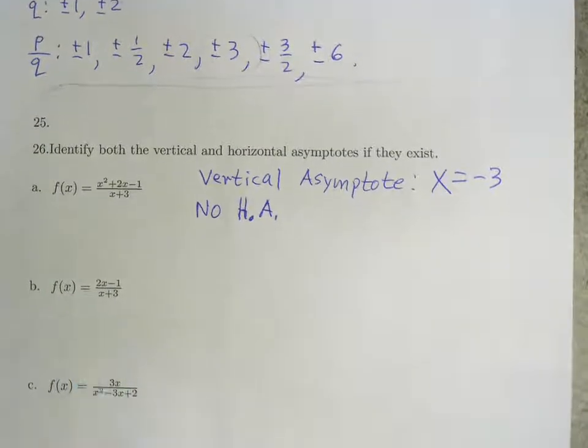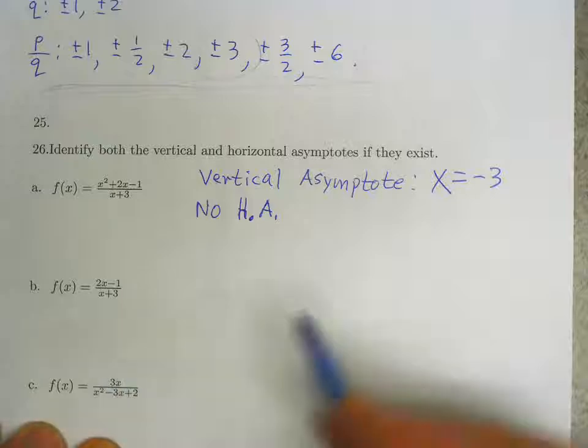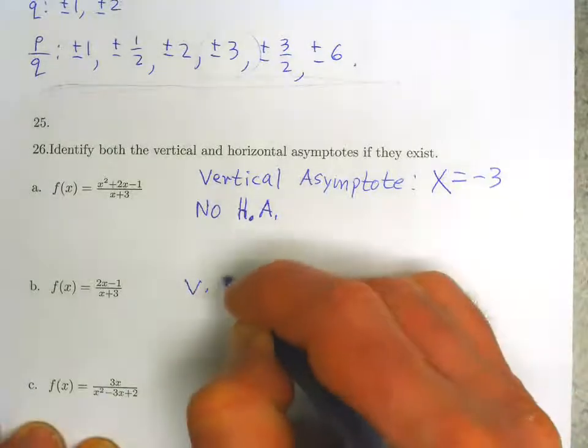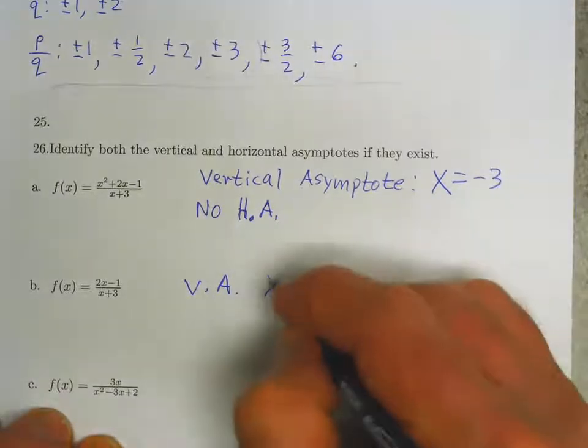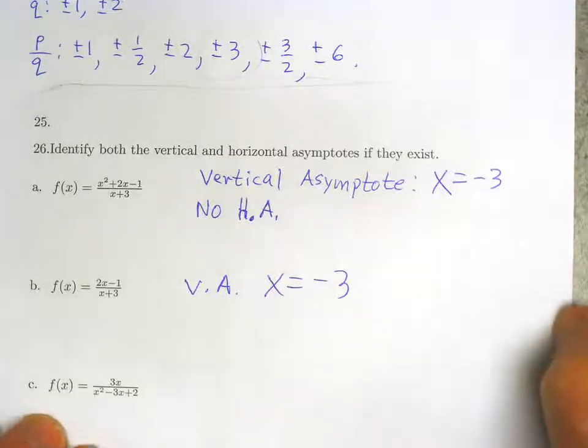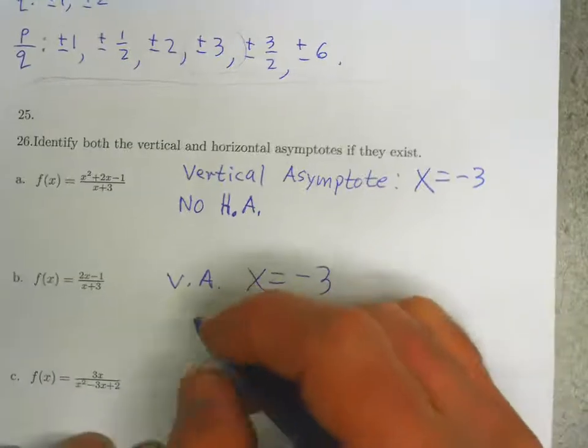Okay, in part B, 2x minus 1 divided by x plus 3. Okay, we have the same vertical asymptote as we did in the previous example. X equals negative 3 is the vertical asymptote. And there is a horizontal asymptote.